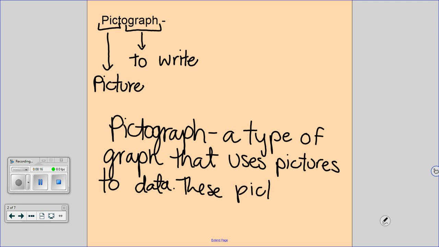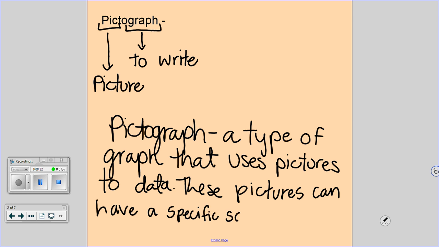Look up from your face and start writing. These pictures can have a specific scale.